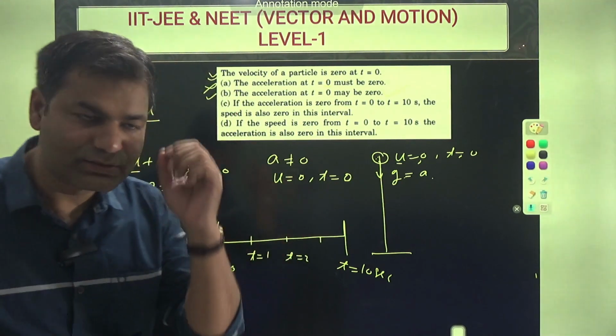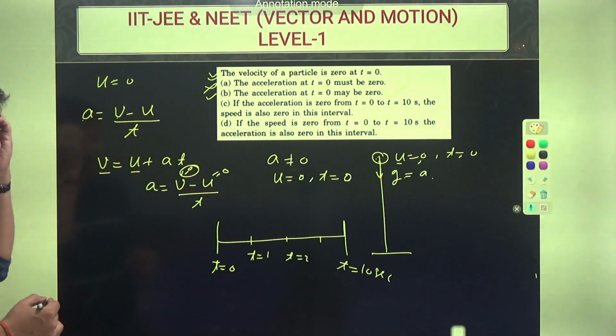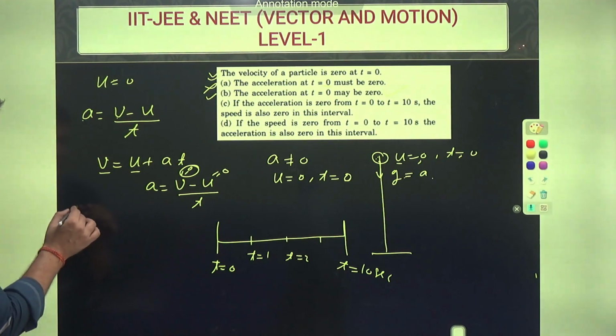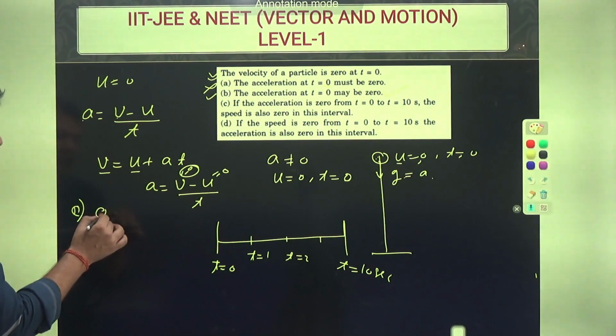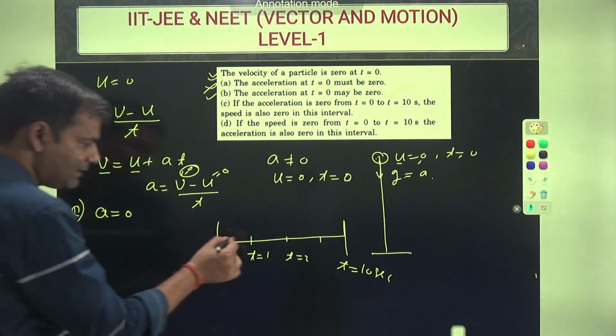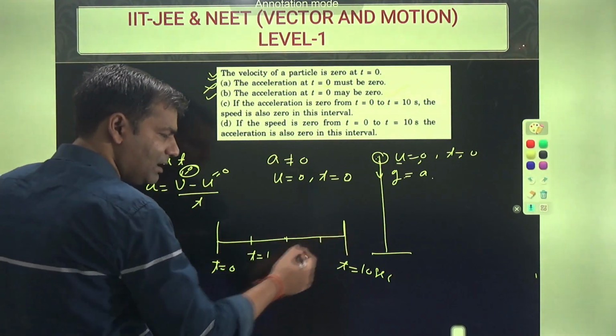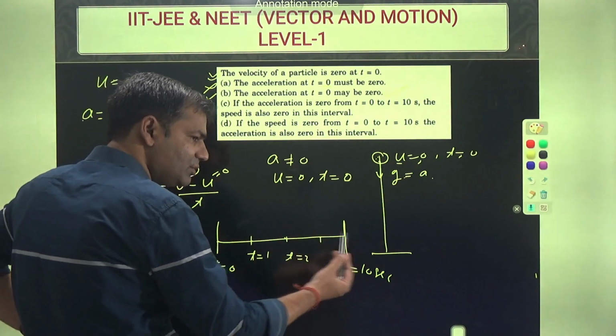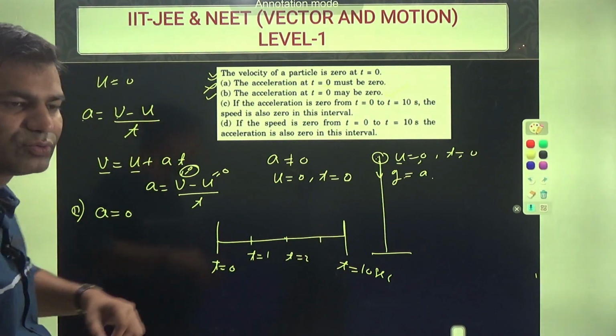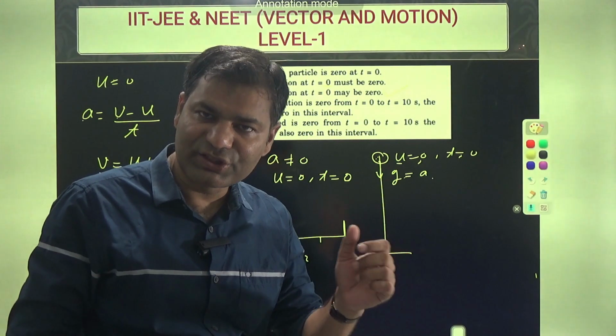That is the third option, C. If a is 0 at all points, from 0 to 10 seconds, the acceleration is 0.